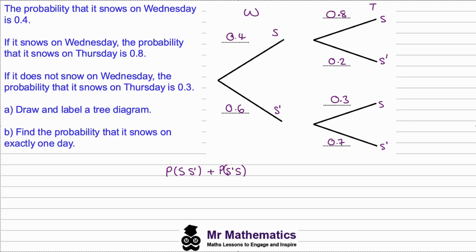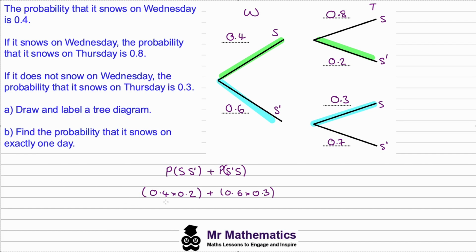So if we identify these paths, we've got snows on Wednesday, but not on Thursday, which would be 0.4 multiplied by 0.2, put this in brackets, or then we've got not snowing on a Wednesday, so it must snow on a Thursday. So this would be the 0.6 multiplied by the 0.3.